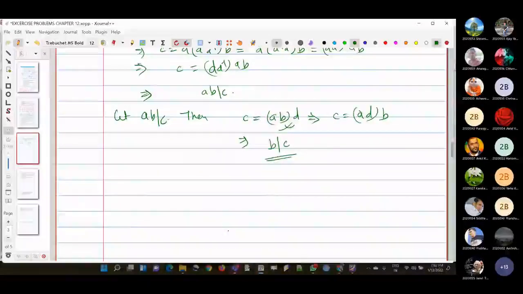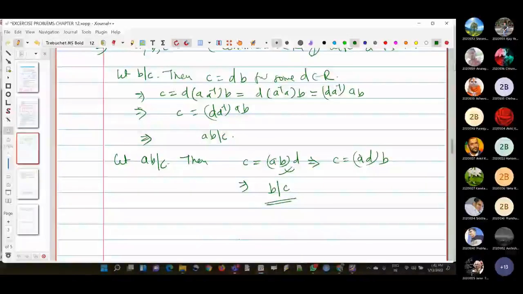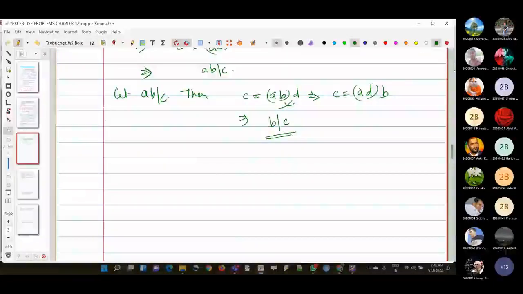I have told you already. Do you remember? Yes, I think yesterday itself I told you. So they are talking about this ring. To be a subring, first of all it should be a subgroup. So what are the subgroups of integers?